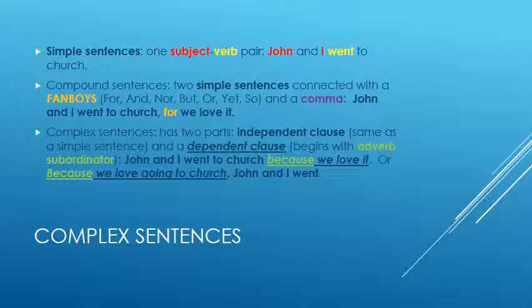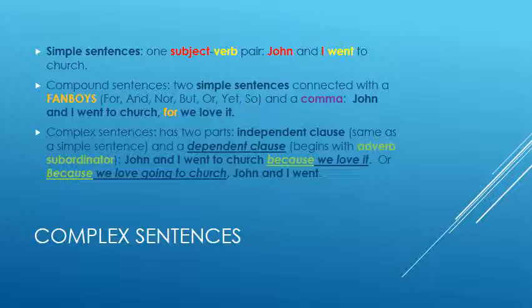So unlike fanboys, where there's just 7 of them, there's a number of different adverb subordinators. If you turn to page 78, I think there's 7 or 8 adverb subordinators that you'll be using in your writing. But another one is because. Because is also an adverb subordinator.